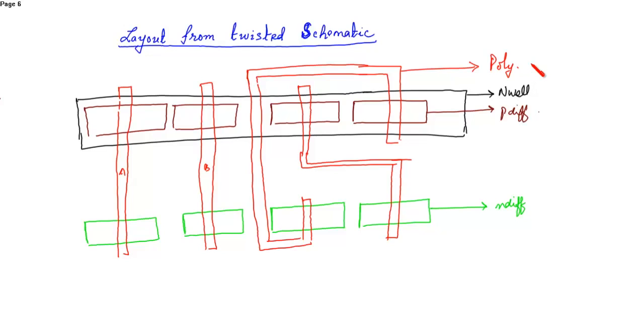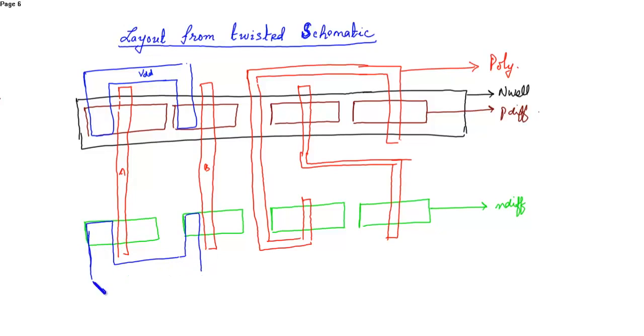Okay, now complete this inverter. The source is connected to VDD, then the source of the NMOS is connected to ground.